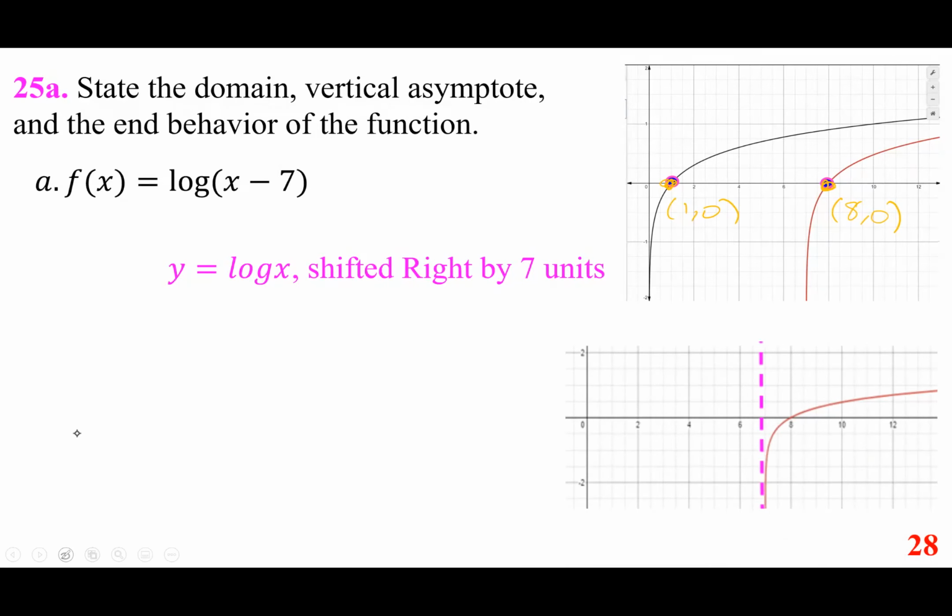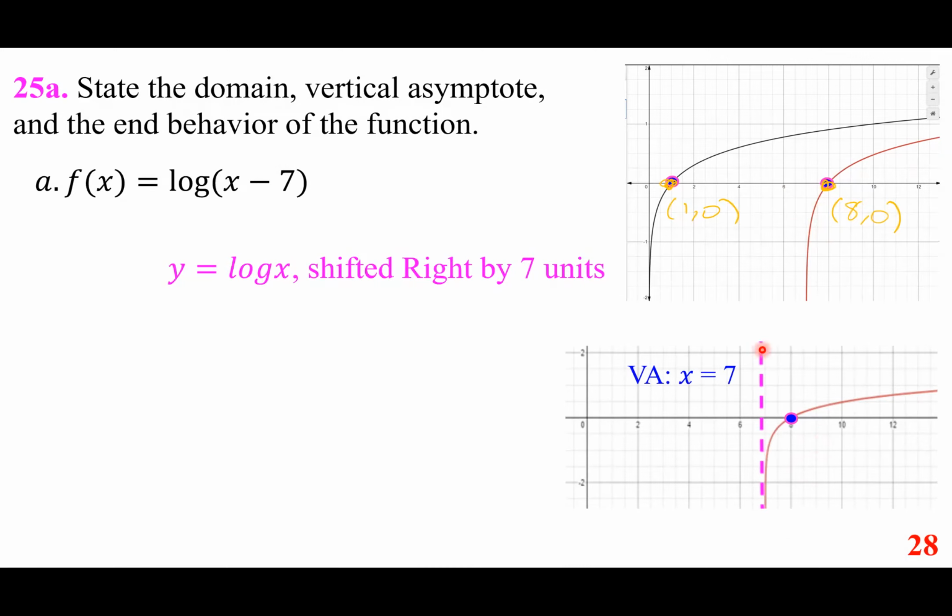Therefore, it has changed the domain. The domain was 0 to infinity. Now the domain is 7 to infinity, but the range, which was all real numbers, up and down, makes no difference. We still have the same range, but the domain has changed. It's important to see.